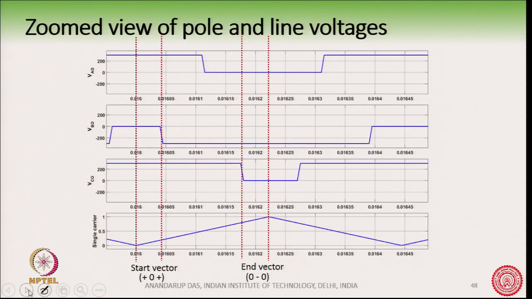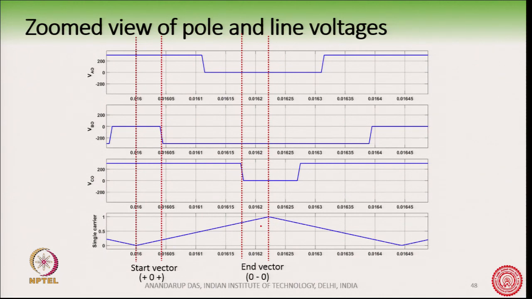but when you zoom into the pole voltage and line voltage, there you will see the difference. This is a very zoomed view of the pole and line voltages, the same which we had shown in the last slide. This is the carrier, and this is the start vector, then there are two intermediate vectors and then there is an end vector.